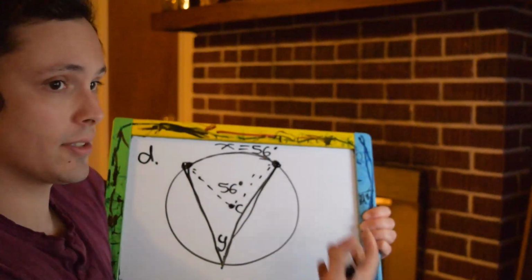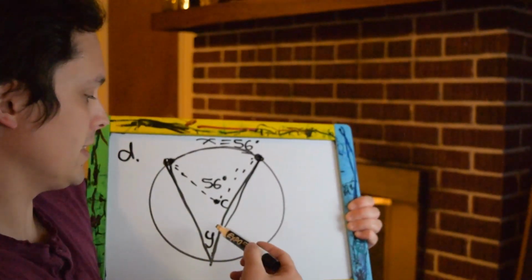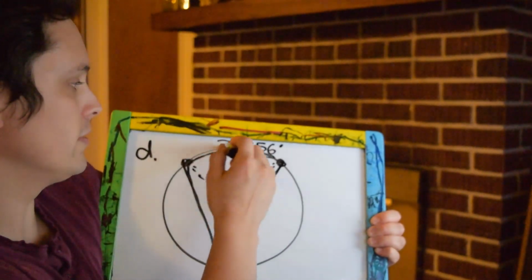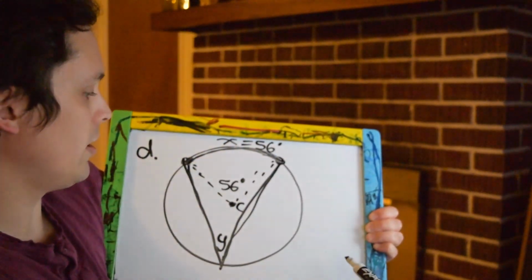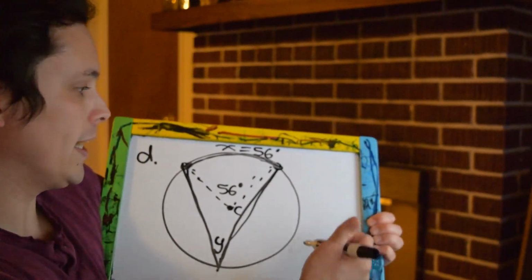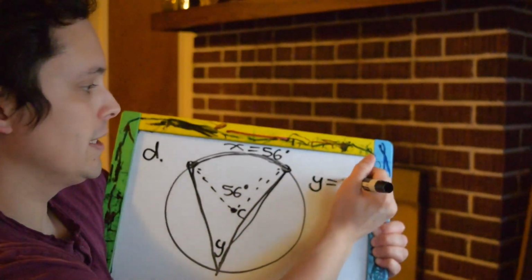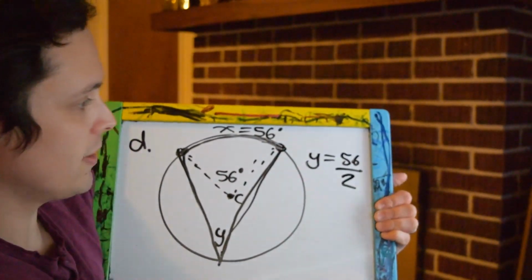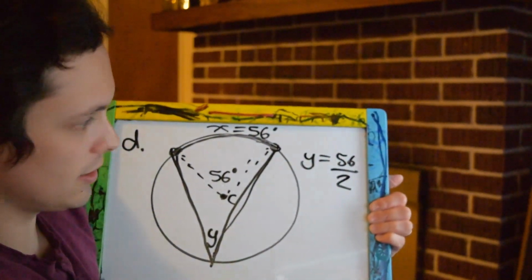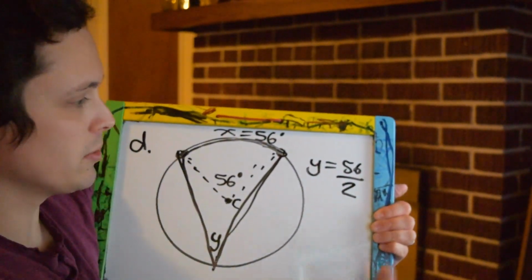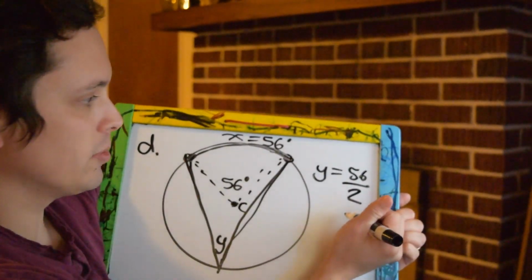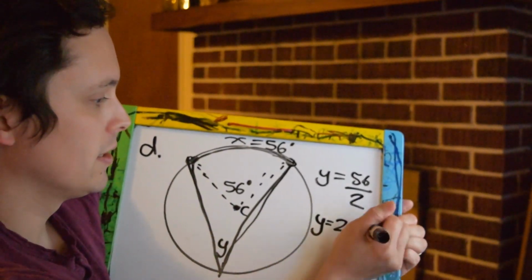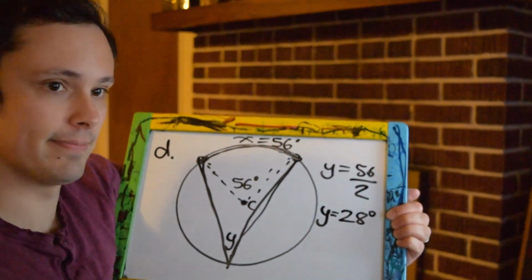So remember, the inscribed angle theorem that we're using in this lesson is that the inscribed angle is always half of its corresponding arc. So that would mean y is going to be 56 divided by 2. Let's see, half of 50 is 25, half of 6 is 3. So this would be 25 plus 3 would be 28. So y is going to be 28 degrees.